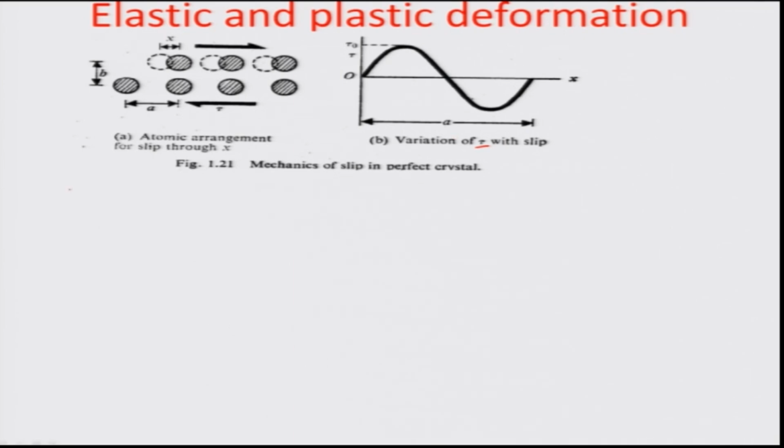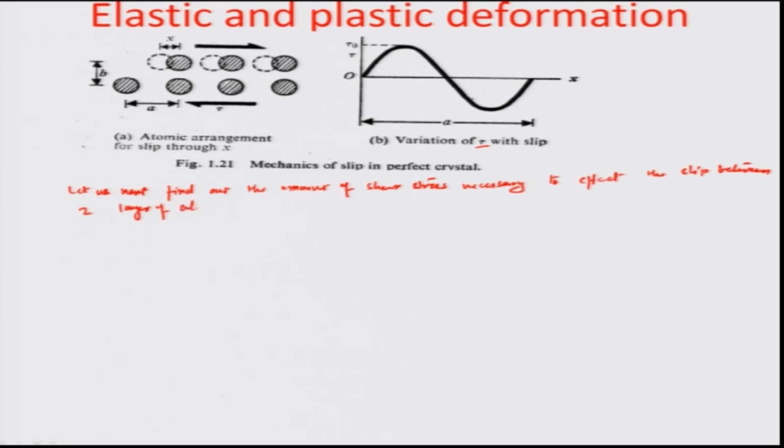So, let us next find out the amount of shear stress necessary to effect the slip between two layers of atoms, across the shear plane, which moves the upper half of the lattice with respect to the lower half of the lattice, as you had seen in the last figure.